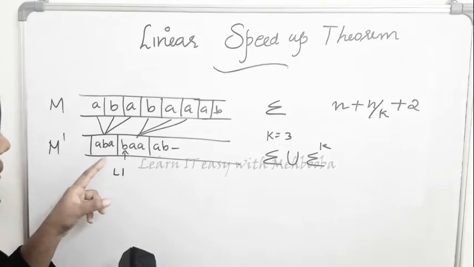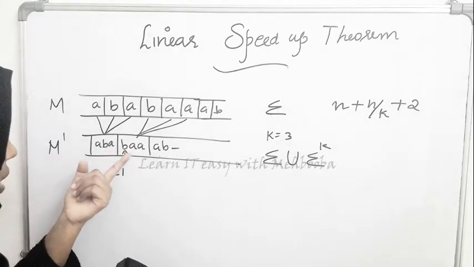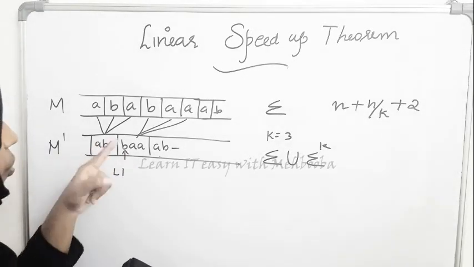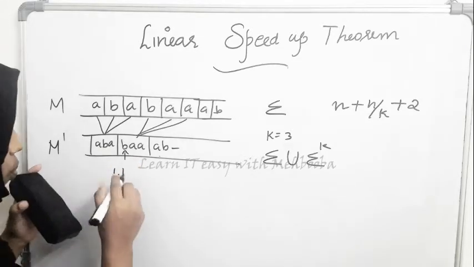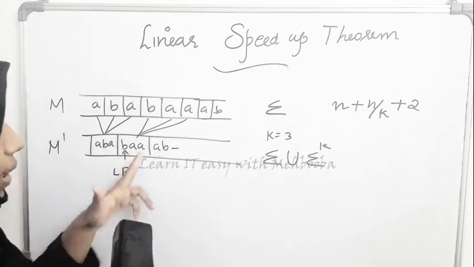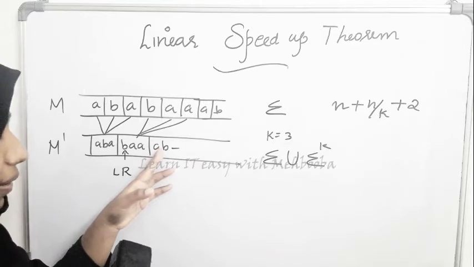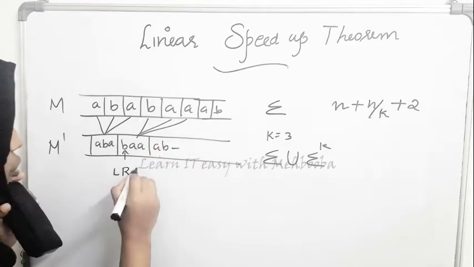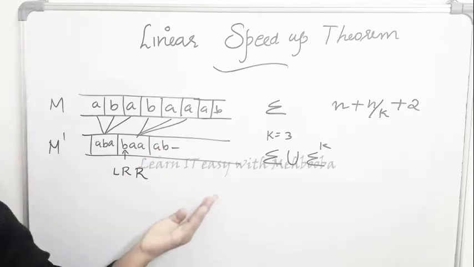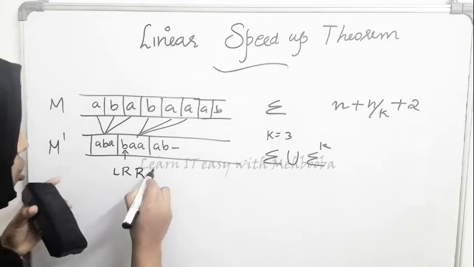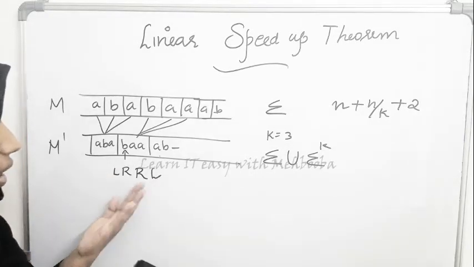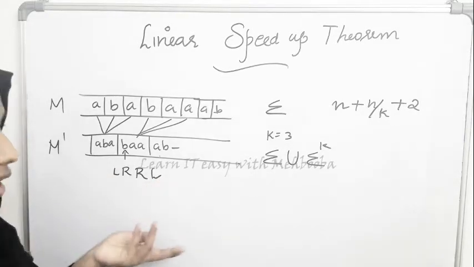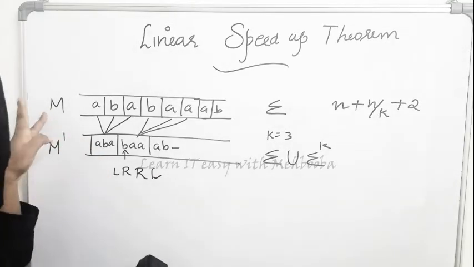sorry, to get this left character, it has to move left. Now to come back to this position, it has to move right. Now to get the characters here, it has to move again to the right. Now to come back to the original position, it has to move left, isn't it? So these four movements will be required to simulate M on M dash.